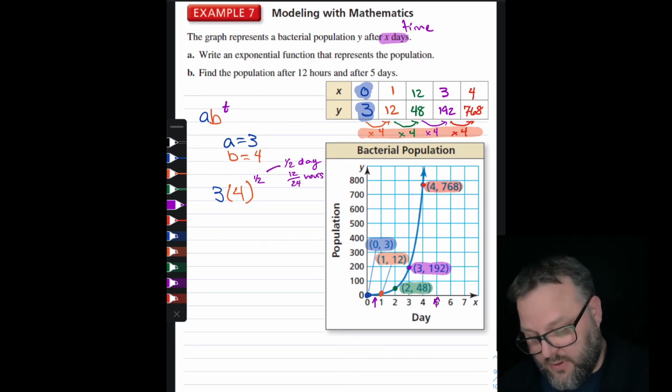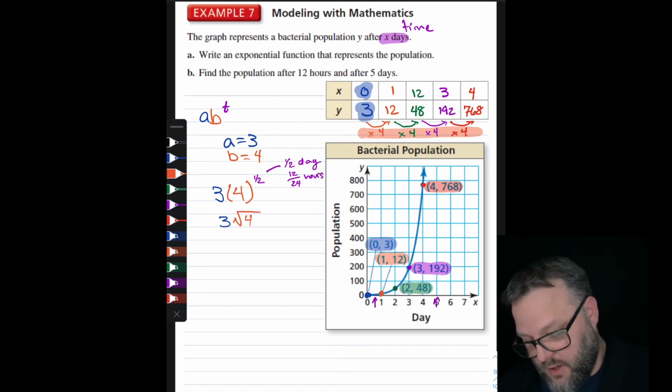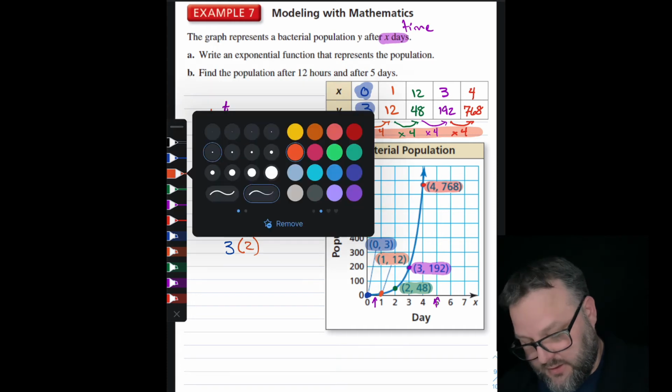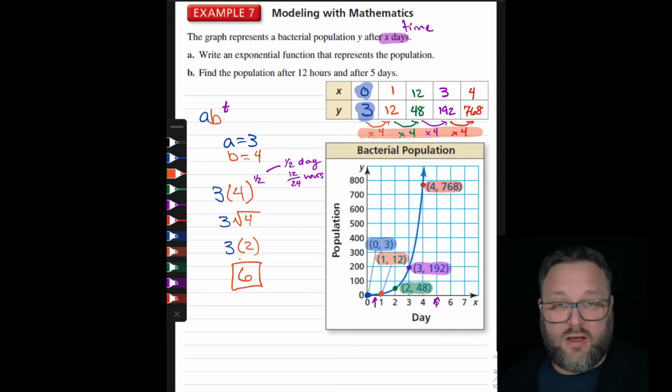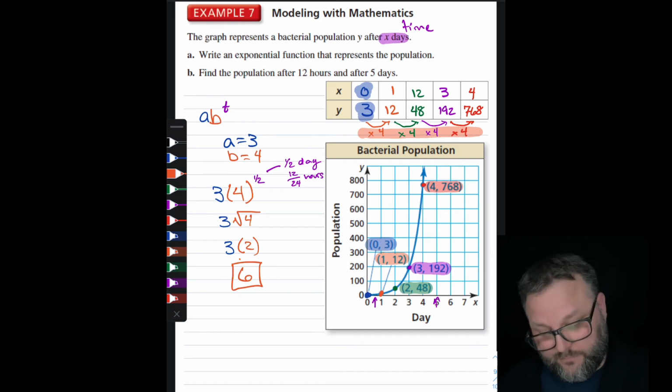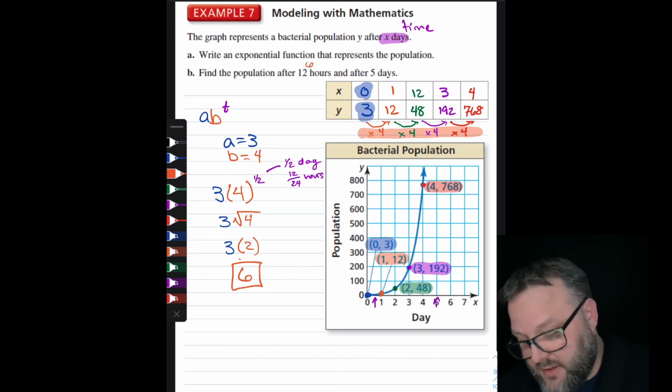Okay, so now that it's 1/2, really this just means 3 times the square root of 4, and 3 times the square root of 4 is the same thing as 3 times 2, and 3 times 2 is 6. So at 12 hours, we have 6 bacteria. Okay, we've solved the first question.